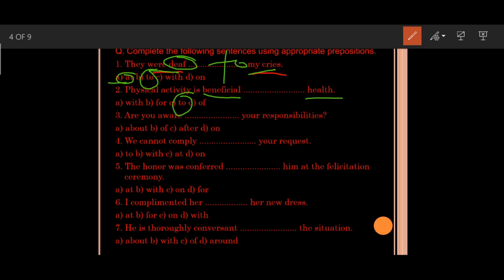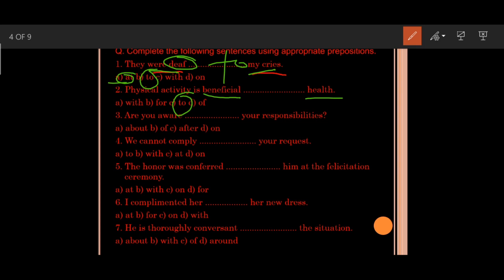Now in other cases, I give you the example: beneficial for the people, beneficial for the country, beneficial for your hair. Hair is also a part of the body, but I'm not saying beneficial to your hair, I'm saying beneficial for your hair. For use करते हैं तो उसको एक अलग segment में ले जाता है. Like when you are complimenting someone that your hair looks very beautiful and the black color complements your skin.